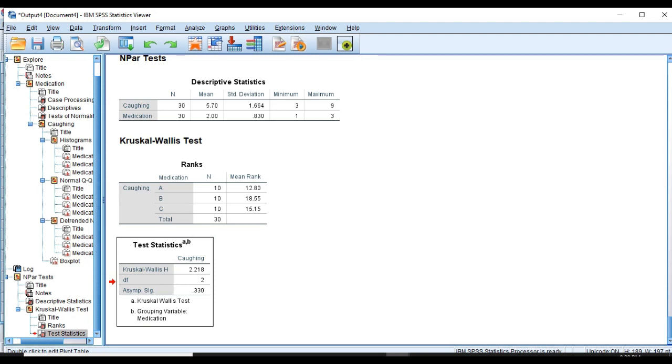So it says that there is no significant difference between these medications in treating coughing severity levels of COVID-19 disease.